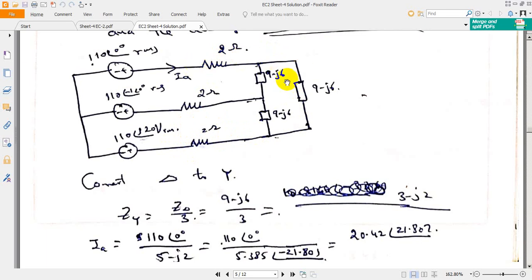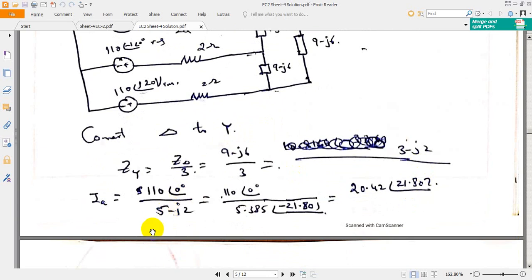In the star form of this load, the net impedance will be 2 plus 3 minus j2 for the A, B and C branches. When we add this, you will get 5 minus j2.